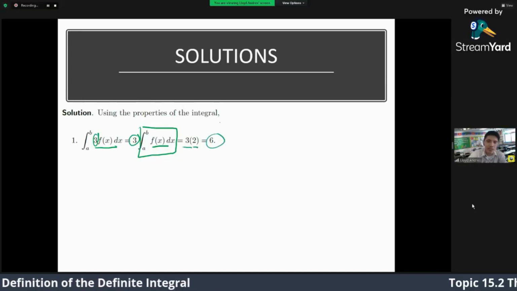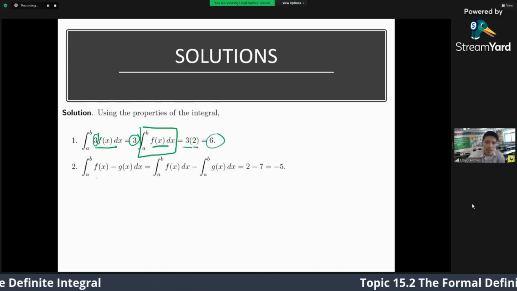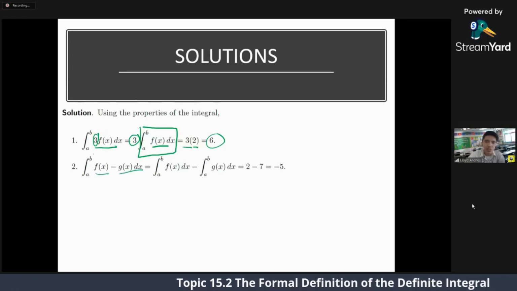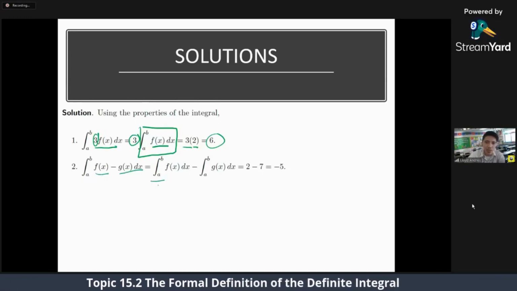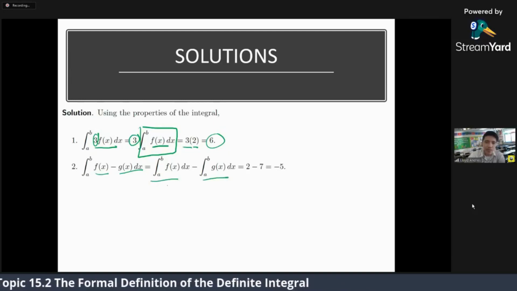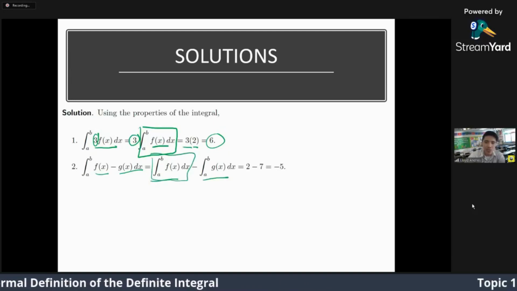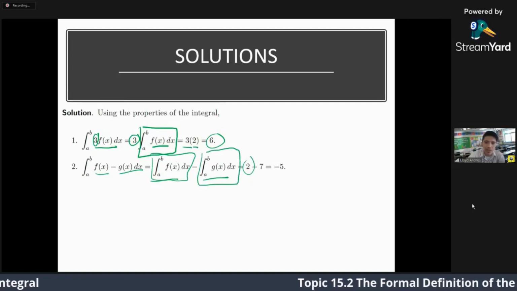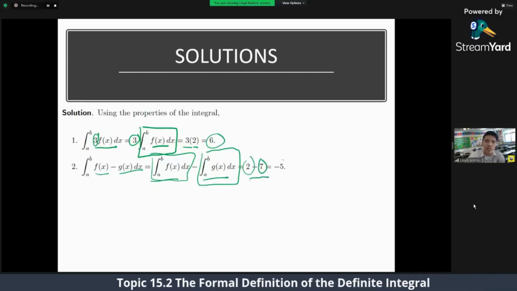So next, about kani integral of f of x minus g of x from a to b. So using the property, pwede ra nimo isa-isahon. Then, since given man yung mga values ani, which is 2, and kaning integral of g of x dx from a to b is 7, so i-minus ra pod nimo ang mga values. That is negative 5.